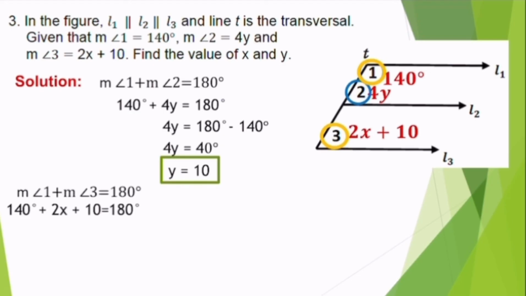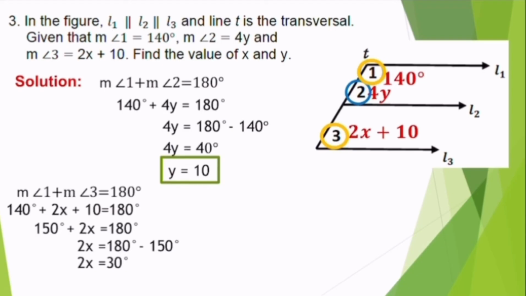Now, let's combine similar terms. 140 plus 10, we will have now 150 degrees plus 2x is equal to 180. And by applying the addition property of equality, we add negative 150 to both sides. So we will have now 2x is equal to 180 degrees minus 150 degrees. And next, we will have now 2x is equal to 30 degrees.